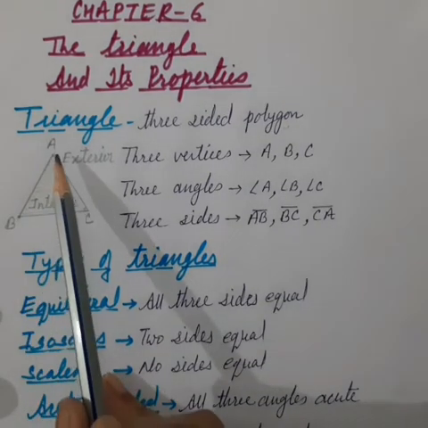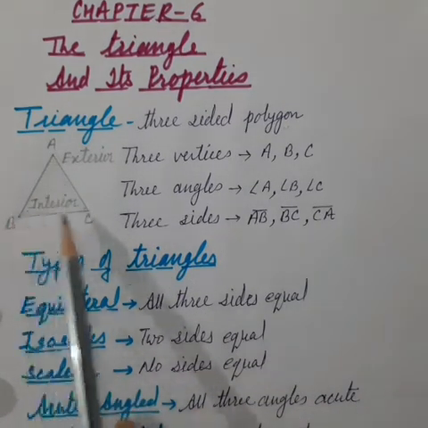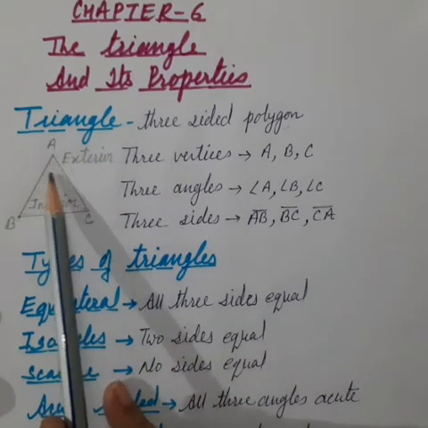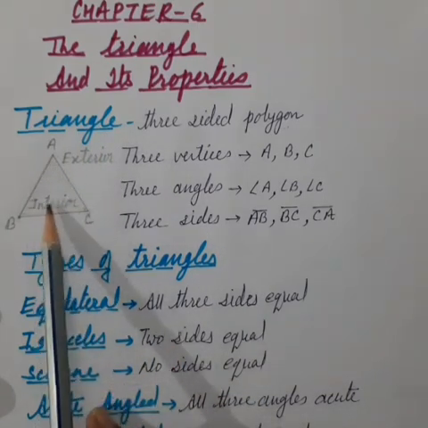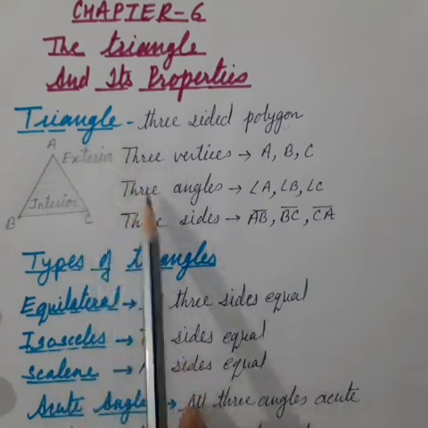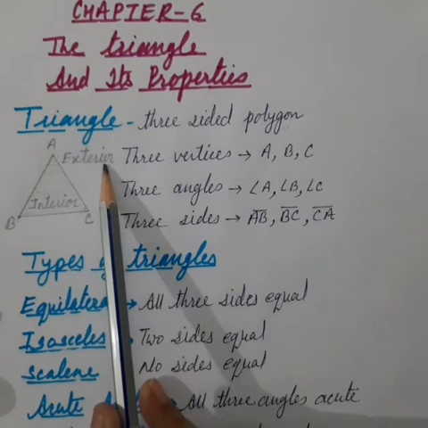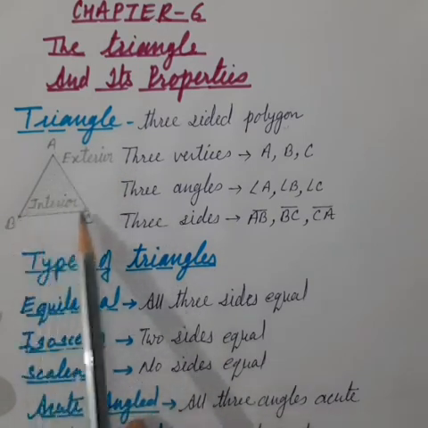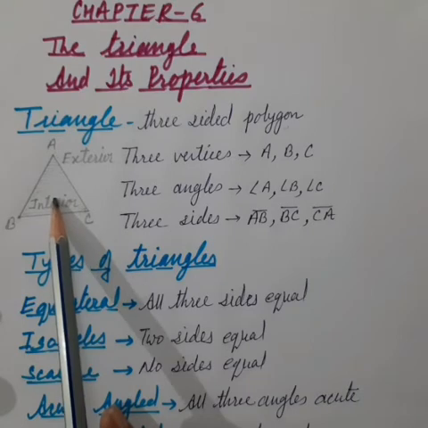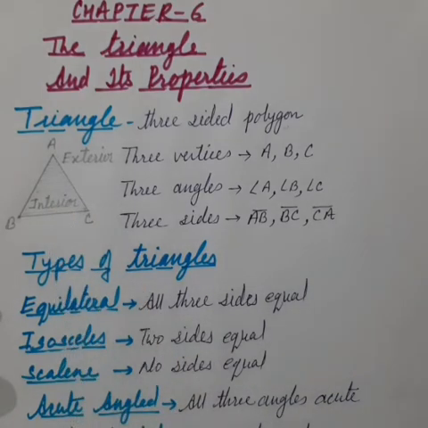The collection of points on the line segments is a triangle. The collection of points inside the triangle is its interior. The collection of points outside the triangle is its exterior. And the triangle together with its interior forms the triangular region.